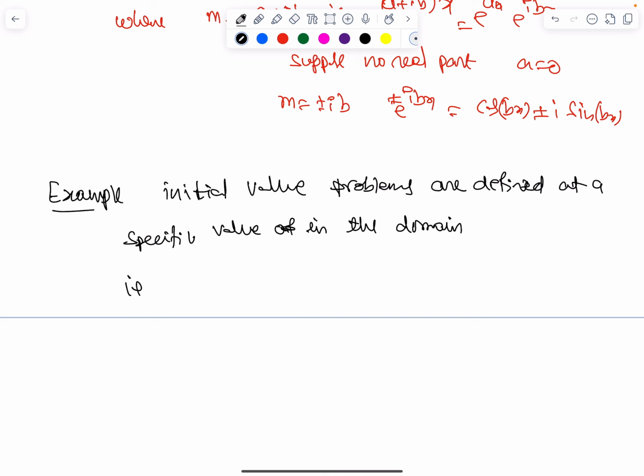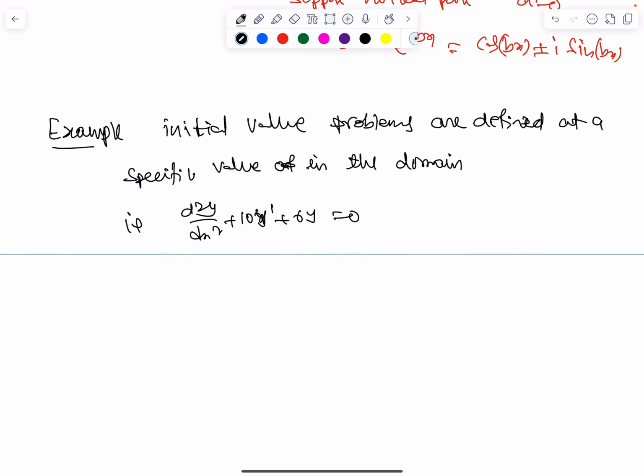Suppose there is a second order differential equation like d square y by dx square plus 10 into y prime plus 16y is equal to 0. Now, you look at this differential equation. For an initial value problem, the data must be defined at the same point.